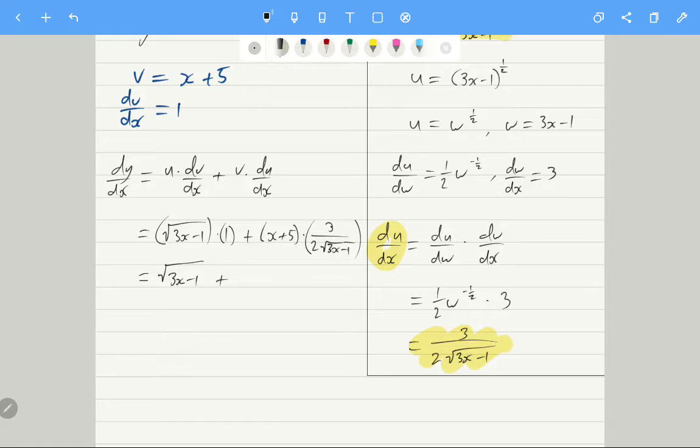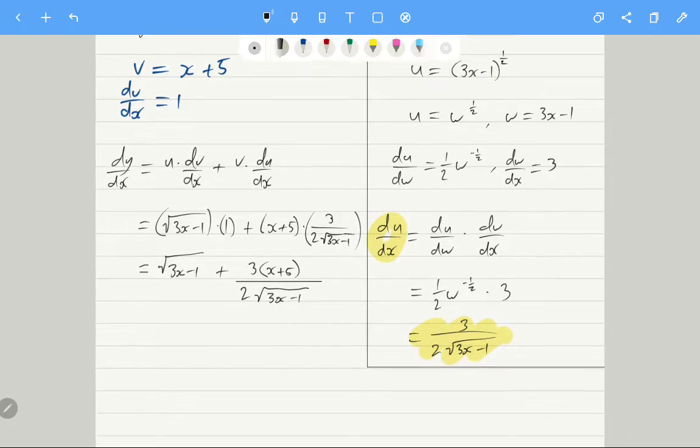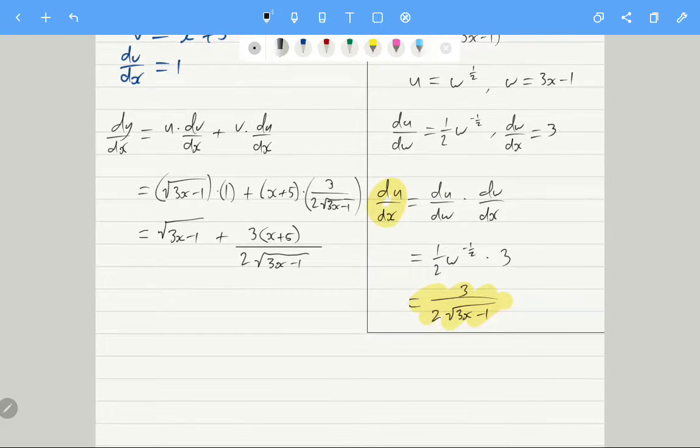However, when multiplying fractions, you just go top times top, bottom times bottom. This is a bottom of 1, so the bottom's not going to change. So we're going to get 3x plus 5, all on the denominator, same as before, 2 root 3x minus 1.